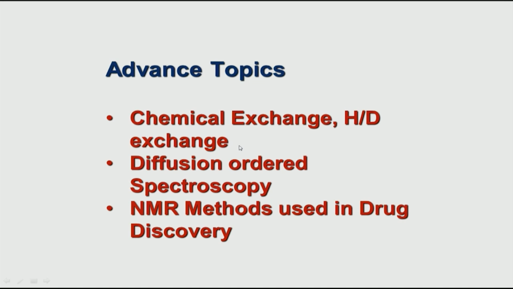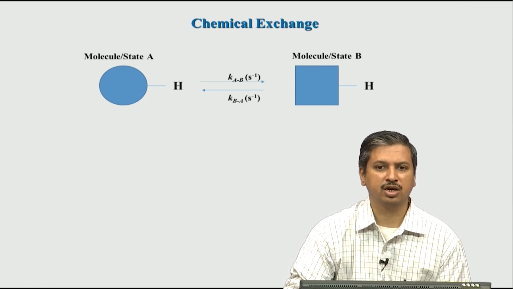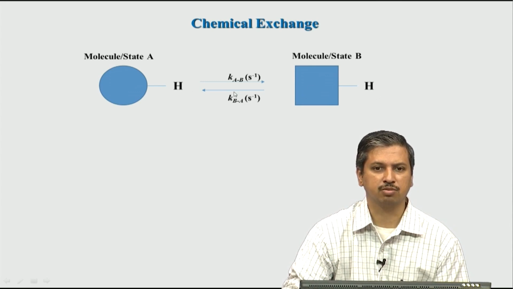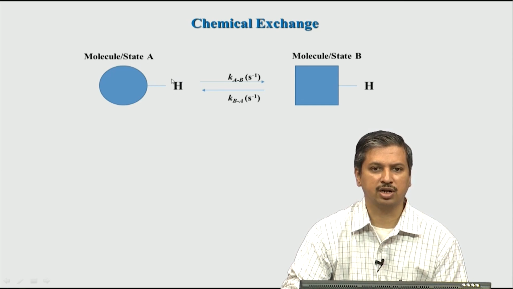That is chemical exchange. So let us see what chemical exchange is. Chemical exchange is nothing but a simple exchange of a hydrogen atom between two different states of a system. For example, consider this whole thing as a molecule, which we can call state A, and this has a hydrogen atom schematically shown here.